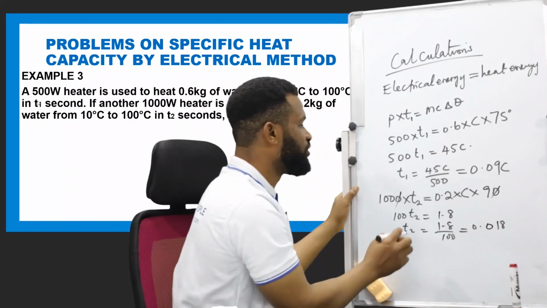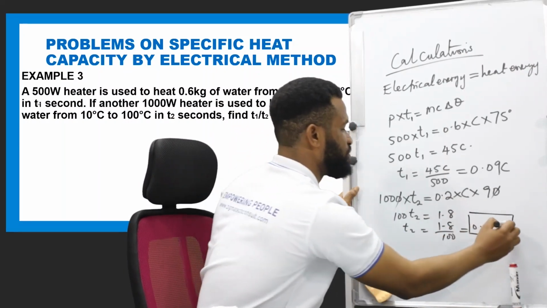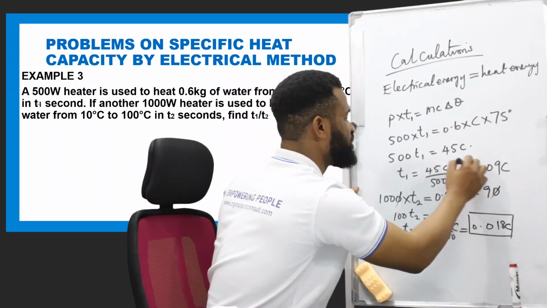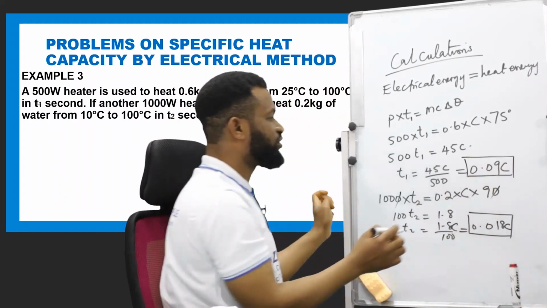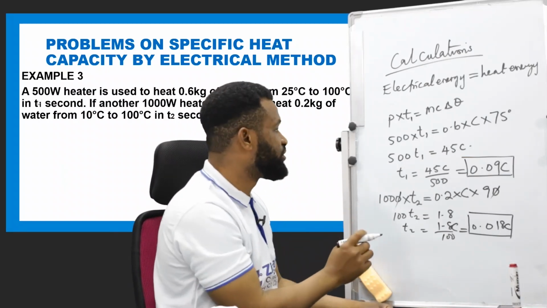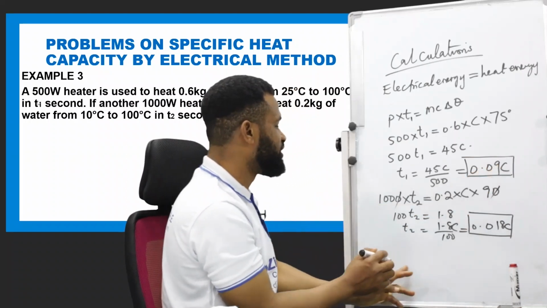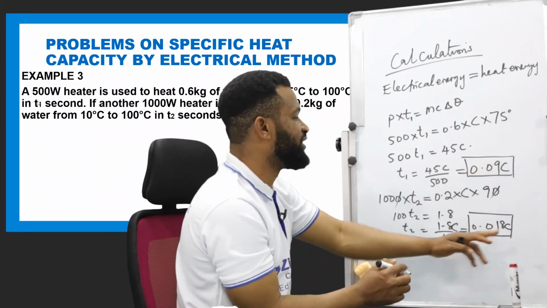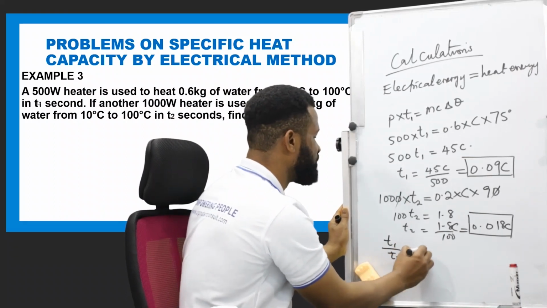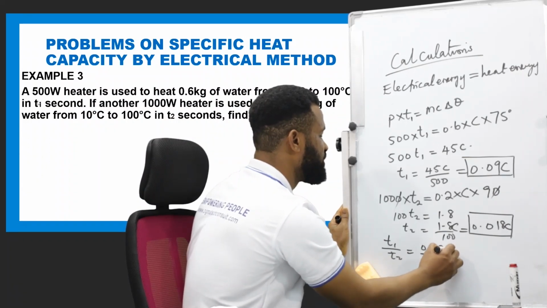0.018. So now I have this as T2, sorry, it must be with C. It must be with C. And I also have this one with T1. Now the question says I should find T1 over T2. So T1 is 0.09 C and T2 is 0.018 C. So T1 over T2 is going to be 0.09 all over 0.018.